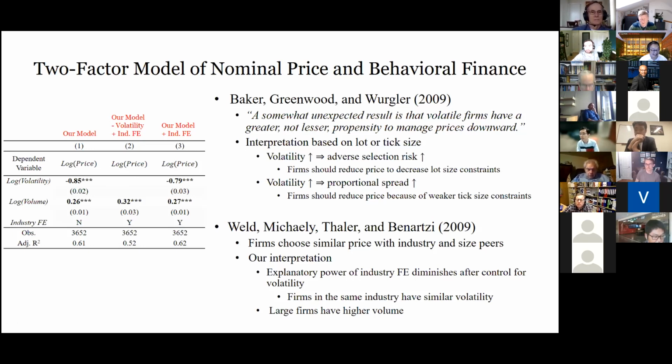We understand that fixed effects are usually very powerful, but here, after you control for volatility, the industry fixed effect is almost gone. And why do large firms choose a higher price? Our interpretation is that large firms have high volume, so based on our two-factor model, they should choose a high price. There might be some peer effects or behavioral interpretation, but using a market microstructure two-factor model, you can explain 61% of the cross-sectional variation.